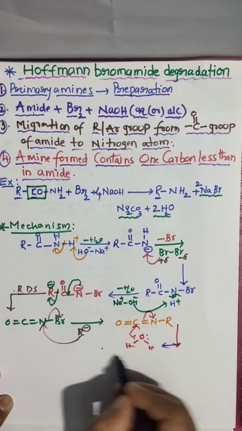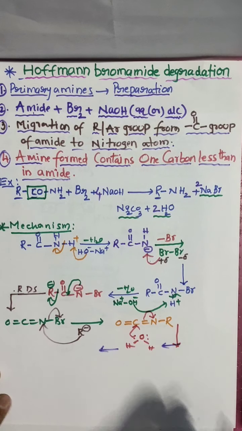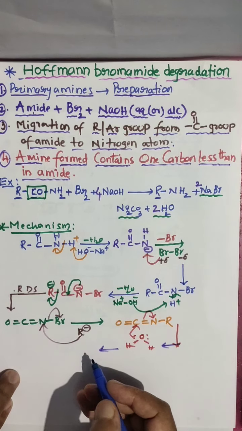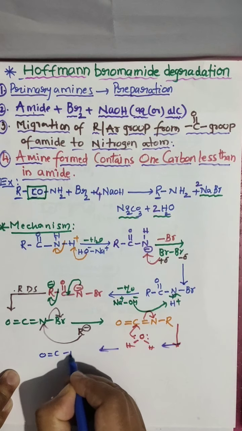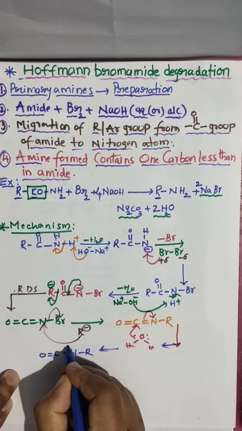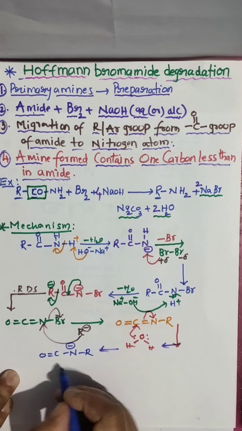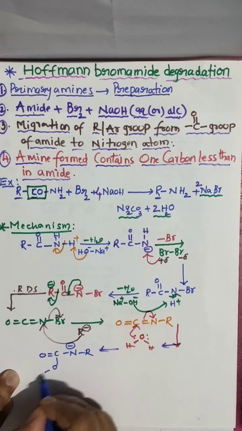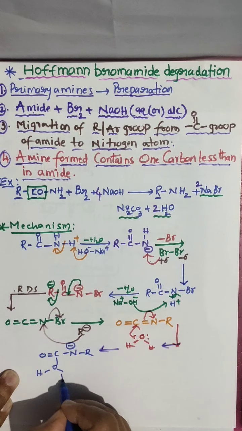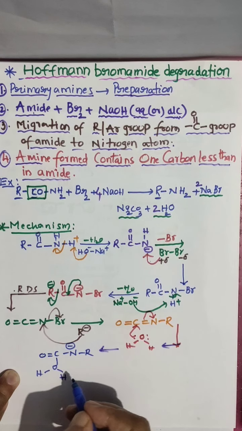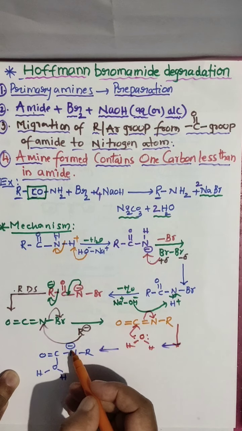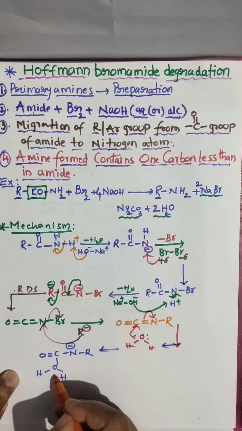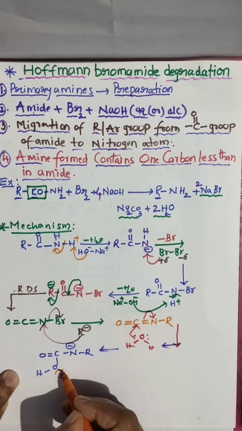The next intermediate you are getting, see here: O=C-N-R minus, here carbon attached to a water molecule. Clear? When carbon is attached to the water molecule, nitrogen has negative charge now. So this bond is going to break.